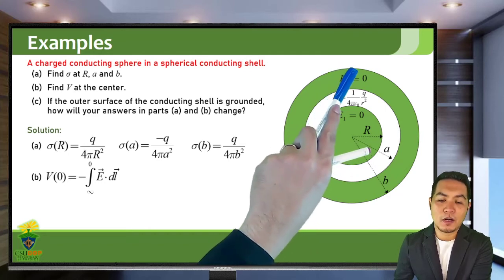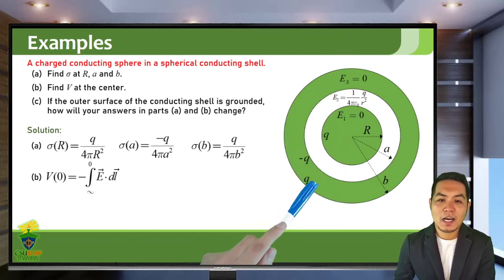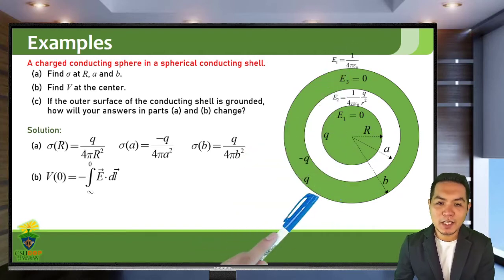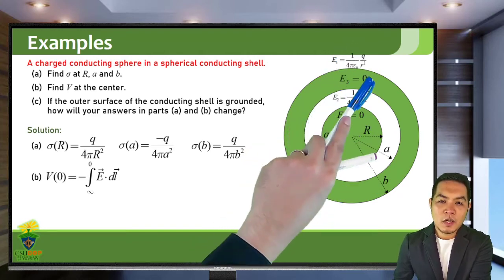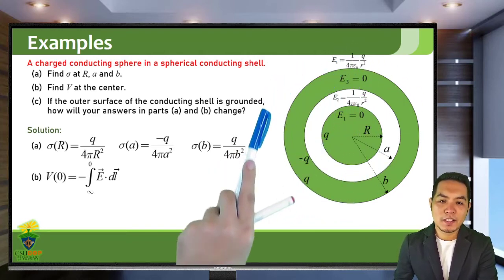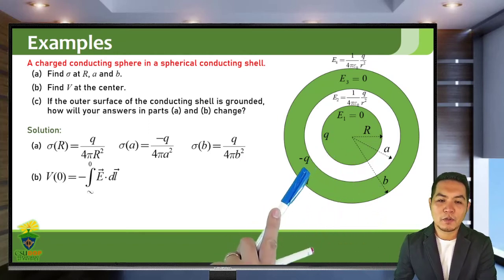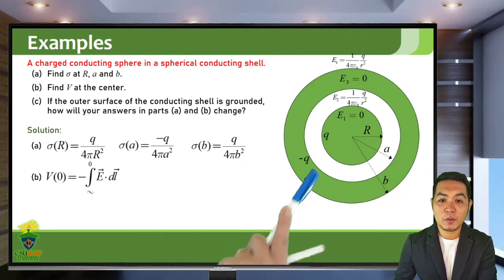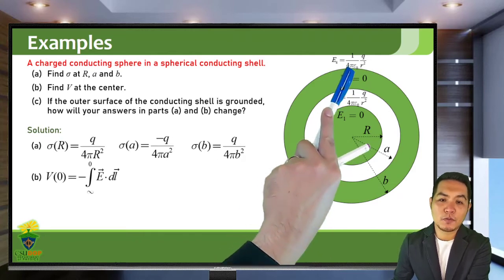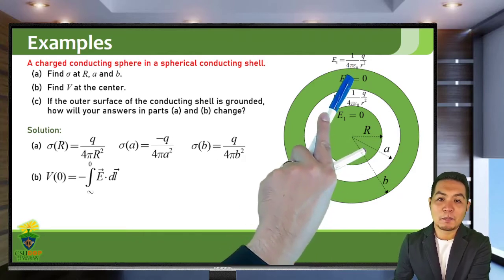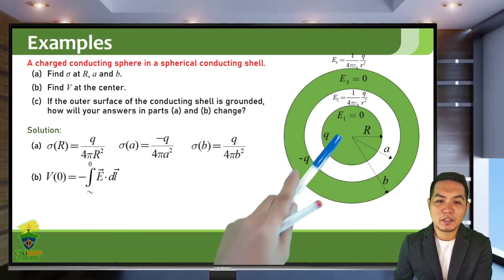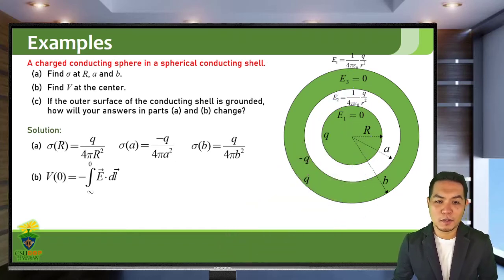And for the fourth region, from B to infinity, if you take a Gaussian surface here, the total charge will be negative Q plus Q, so Q, and the electric field in region 4 will still look like a point charge, 1 over 4 pi epsilon naught, Q over r squared, or kQ over r squared.